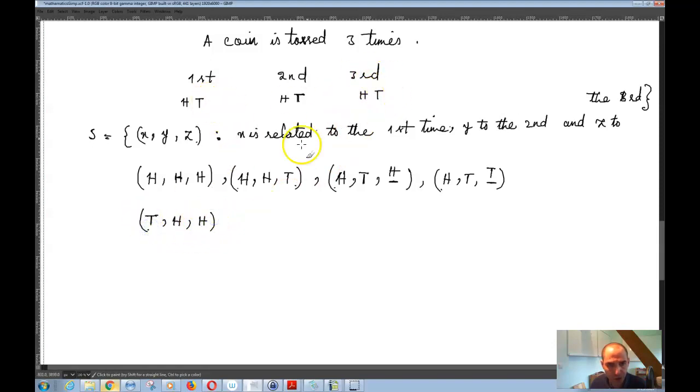And then I switch these two. So I'll get TH, THH, and THT. So THT.